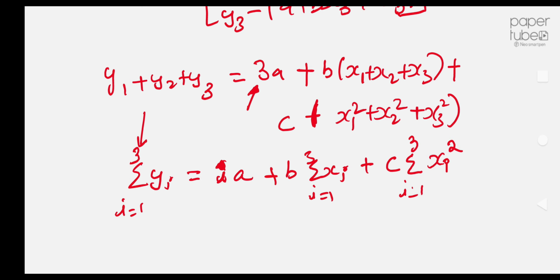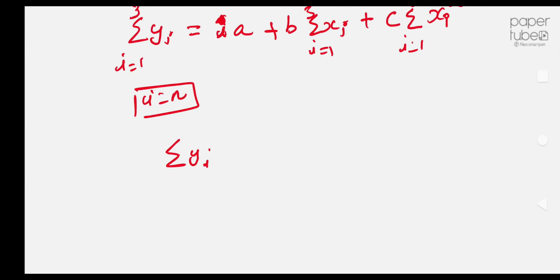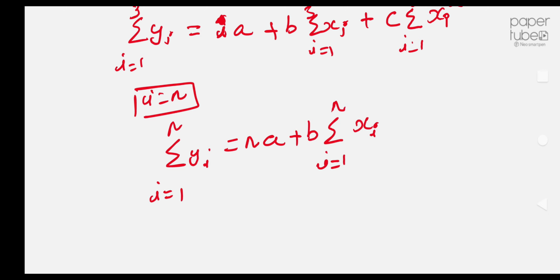Or if you want, you can write it in general terms. Let's say i is equal to n, which means we have n number of experiments. In that case, it will be summation of y of i, i equal to 1 to n, equal to n multiplied by a, plus b summation of i equal to 1 to n of x of i, plus c summation of i equal to 1 to n of x i whole square.